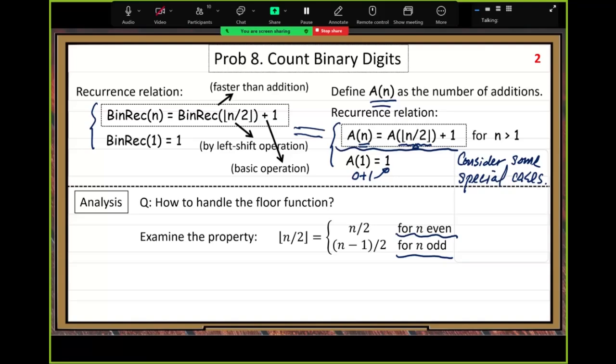Any of you have an idea? You can see the even case looks simpler, right? So if the even case is simpler, let us just assume we are working on the even case.